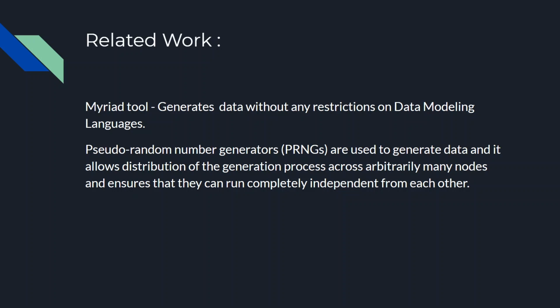The parallel execution scheme implemented by the MyRate tool relies on a pseudo-random number generator that supports random access of the produced random sequence. It allows distribution of the generation process across many nodes and ensures that they run completely independent from each other.